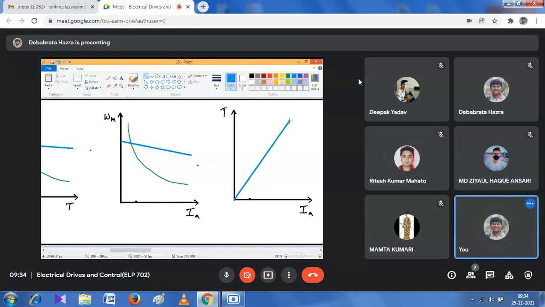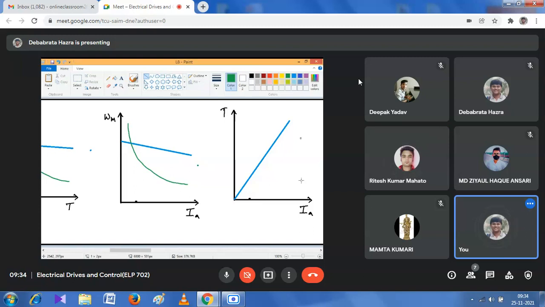And for series motor, what is the nature? This is proportional to I square.